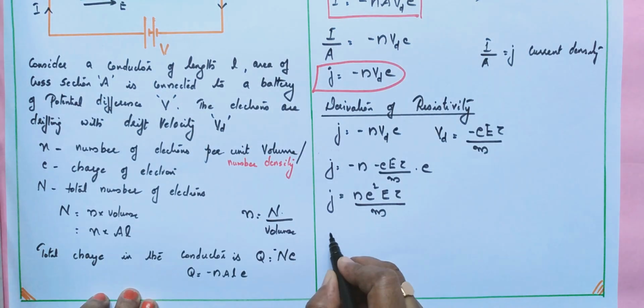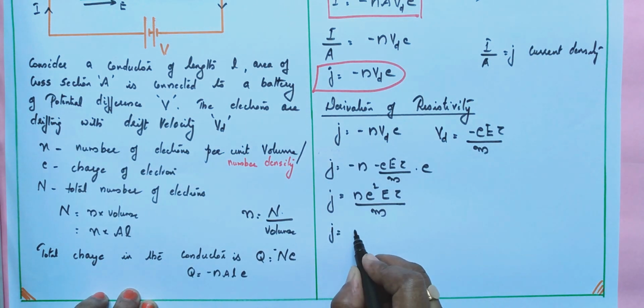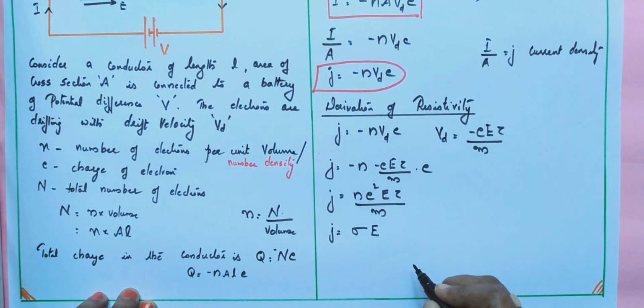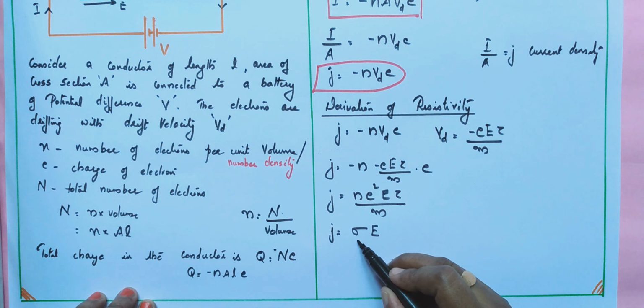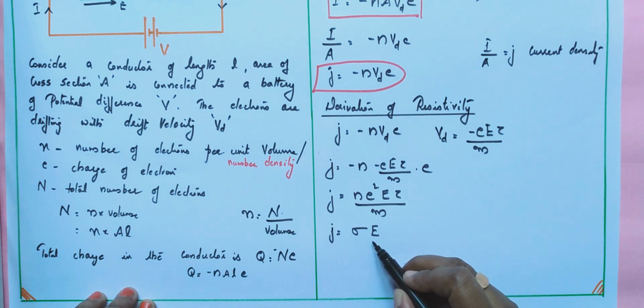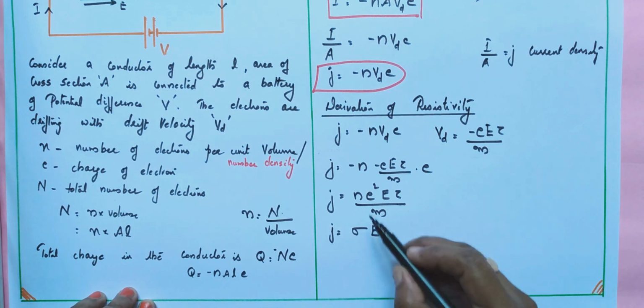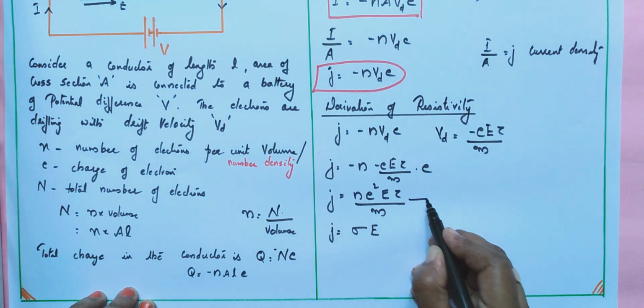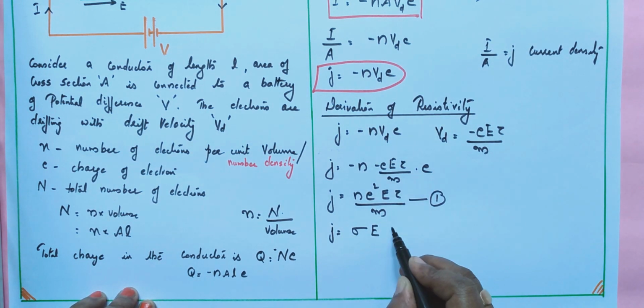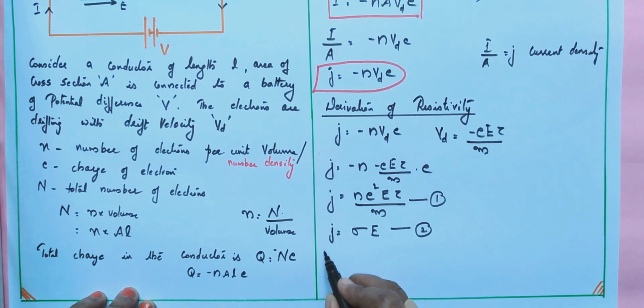But current density is also given by the relation J is equal to sigma E. Sigma represents the conductivity, E represents electric field. So we have the relation J equal to sigma E, isn't it? So comparing these two relations, this is equation number 1, this is equation number 2.